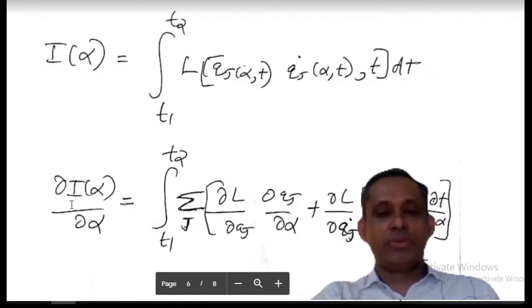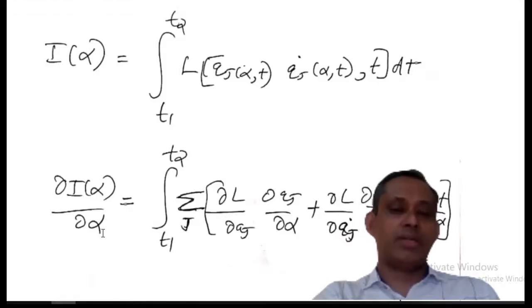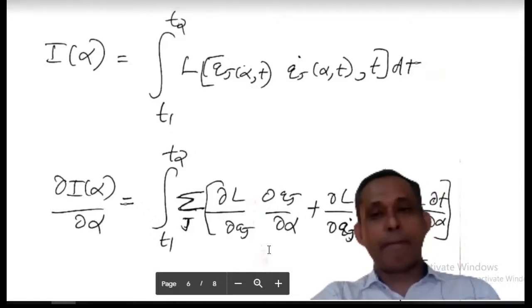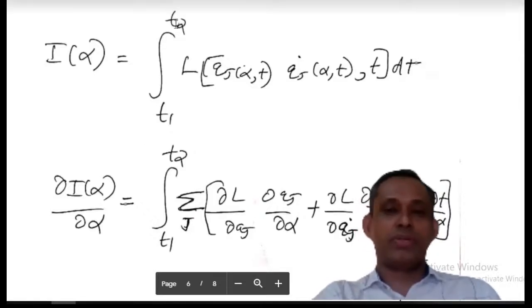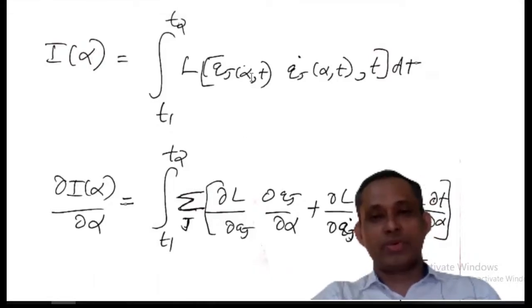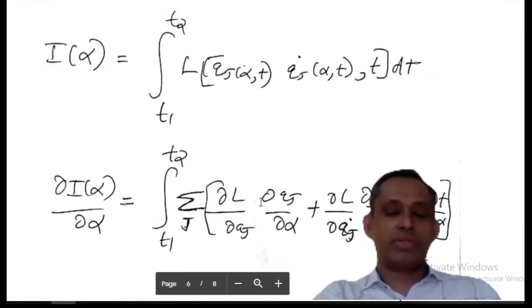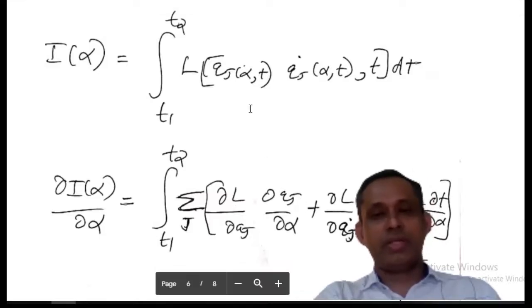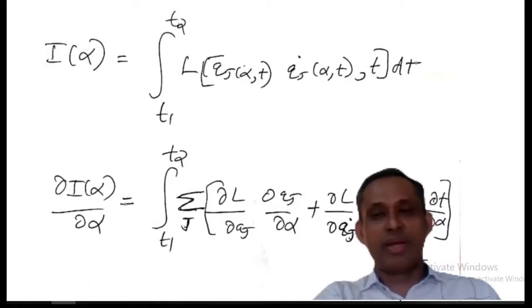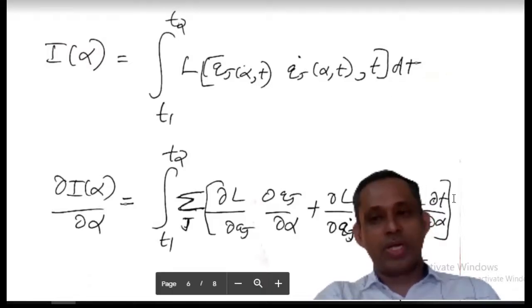And what we do, we take dou I(alpha) by dou alpha. So that will be the integral t1 to t2 of L, a function of qj(alpha, t), qj dot(alpha, t). We have to find the variation with respect to q. So dou L dou qj dou qj dou alpha, then dou L dou qj dot dou qj dot dou alpha, dou L dou t dou t dou alpha.